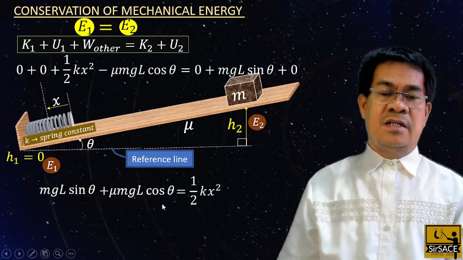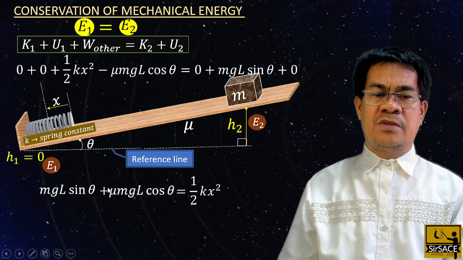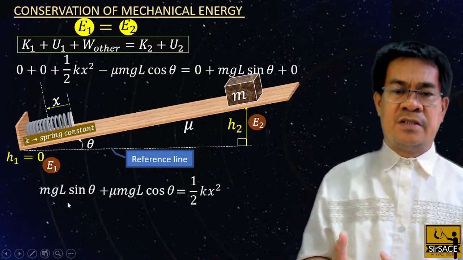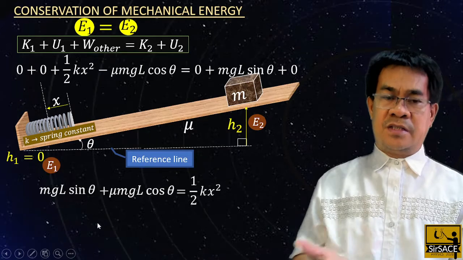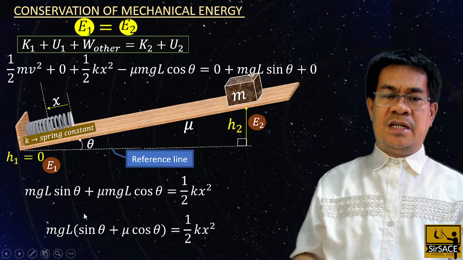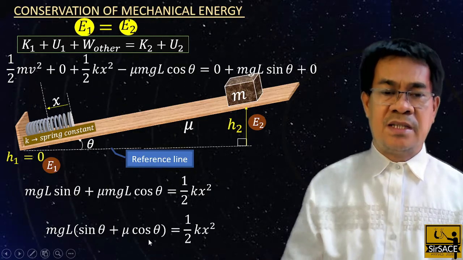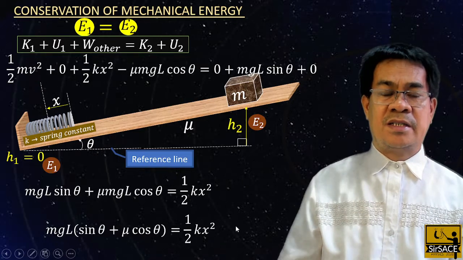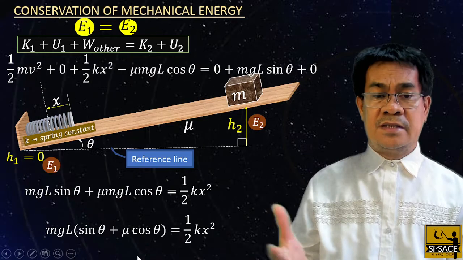Now take note that we want to solve for L. On the left side, we have to combine the common factor. The common factors are mgl. So take it out. Then we have mgl times sine theta plus mu cosine theta, which is equivalent to 1/2 kx squared.